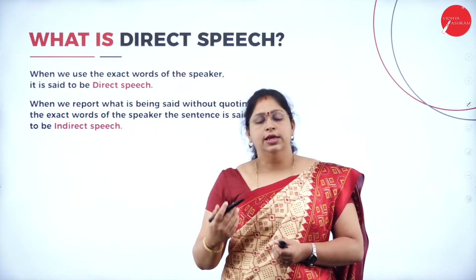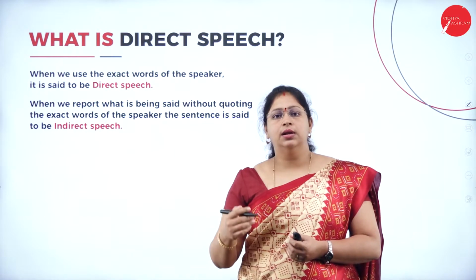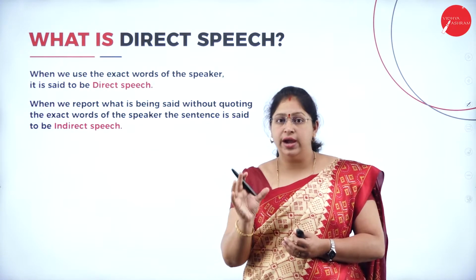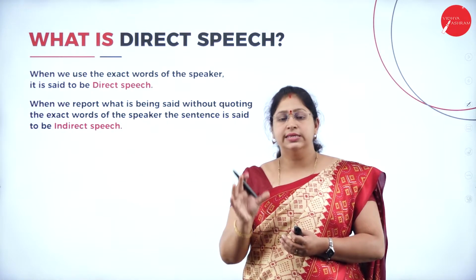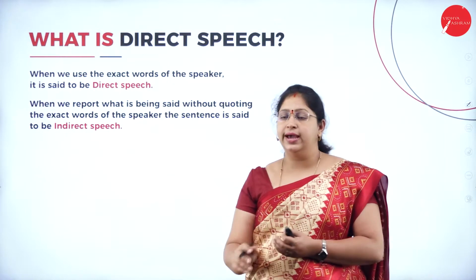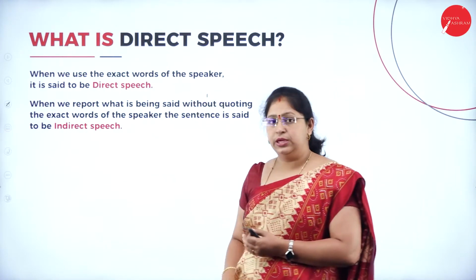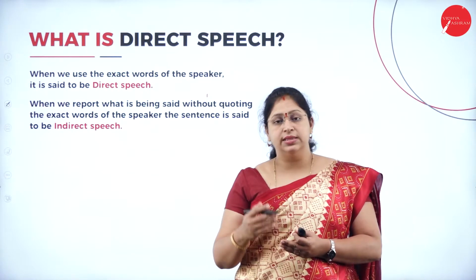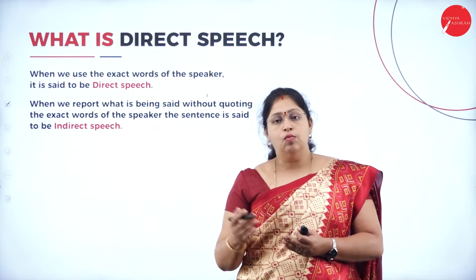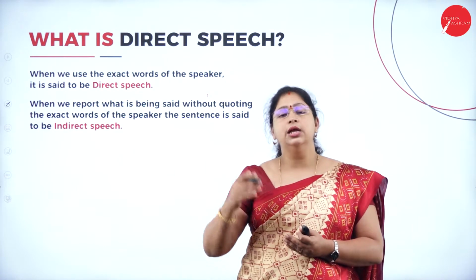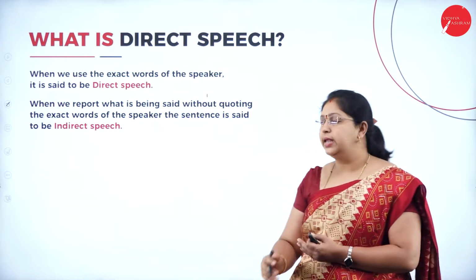So if you say, my mother told, go wash your hand. So, go wash your hand is the dialogue said by your mother. If you are using the same, then it is called direct speech. If you are using it in your own words, my mother told me to wash my hands, so you are changing it to third person, right? So at that time it is called indirect speech.